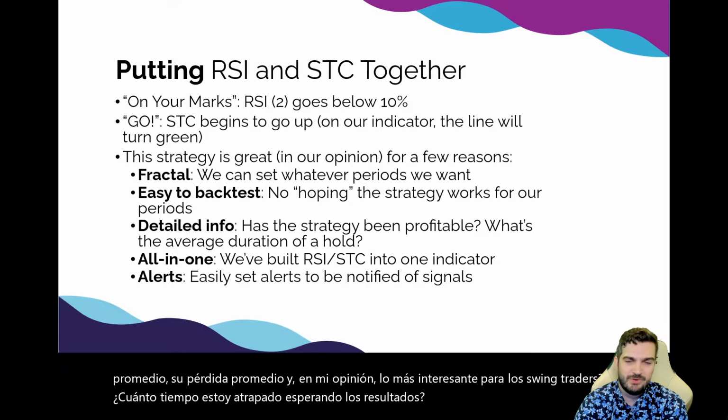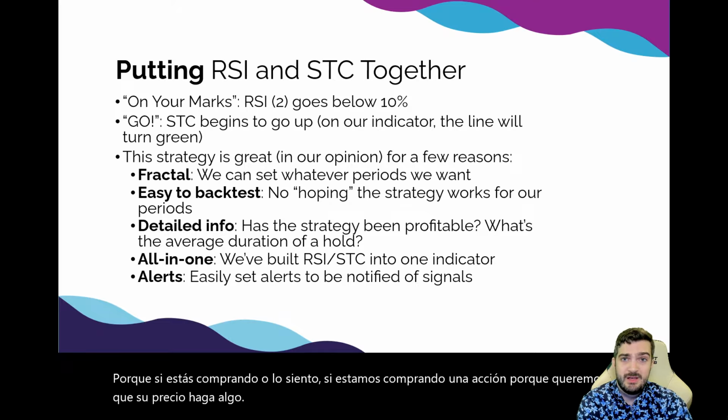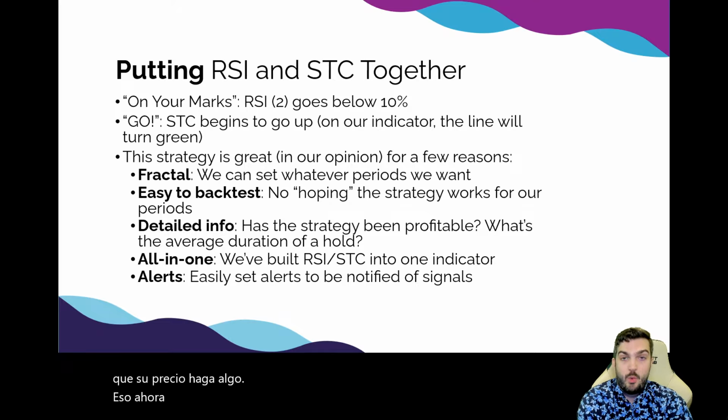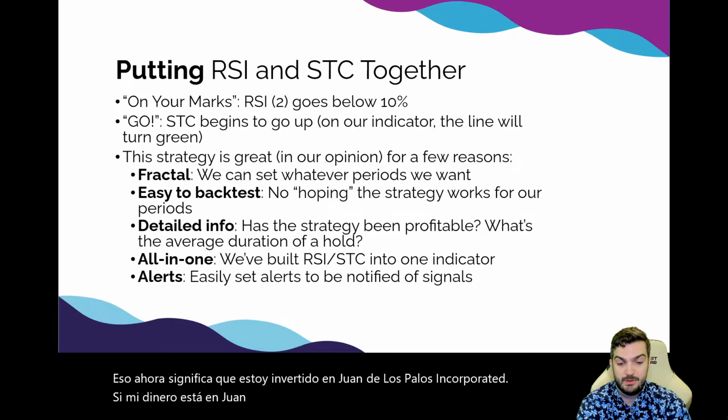Because if we are buying a stock because we want its price to do something, that now means that I'm invested in Juan de los Palotes Incorporated. If my money is in Juan de los Palotes Incorporated for a week, I can deal with that.